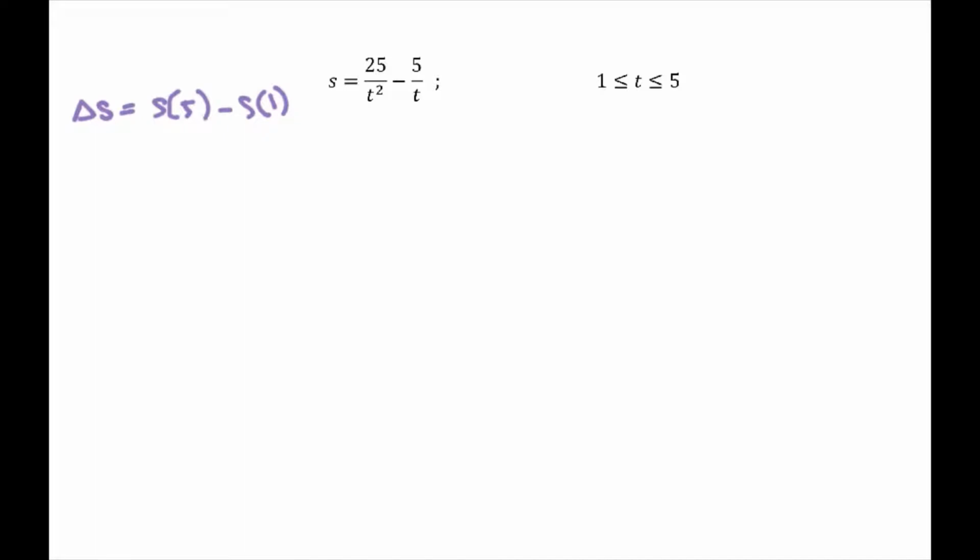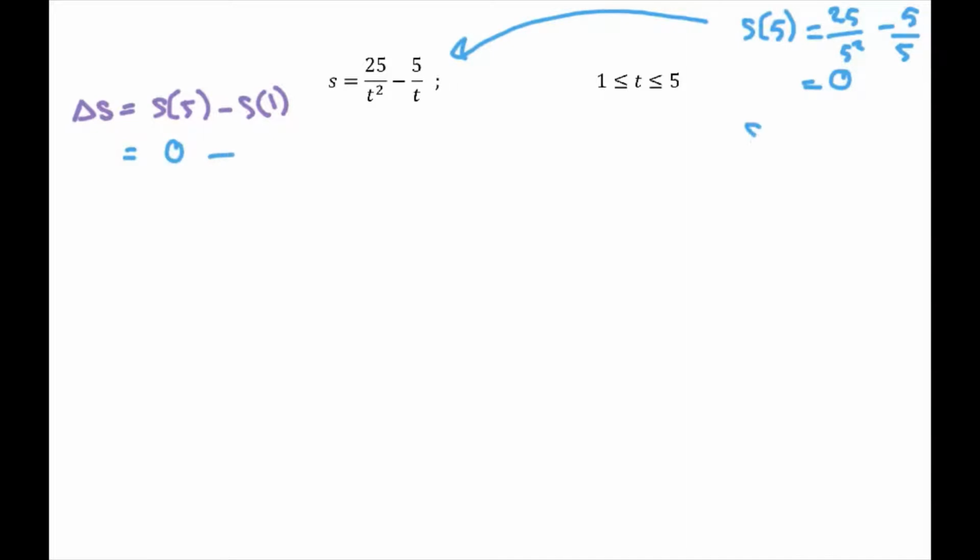You can go here and find S5 by substituting 5 in here, which is going to be 25 over 5 squared minus 5 over 5, and that's equal to 0. Then you do the same with S1, which is equal to 25 over 1 squared minus 5 over 1, and that's equal to 20.